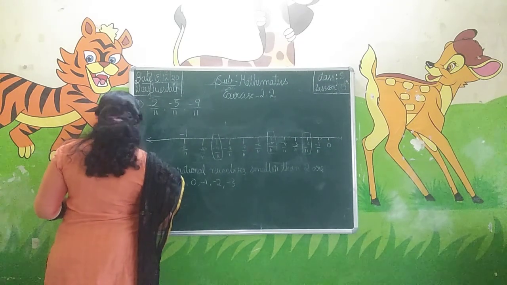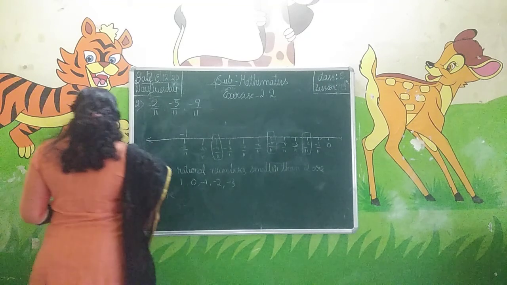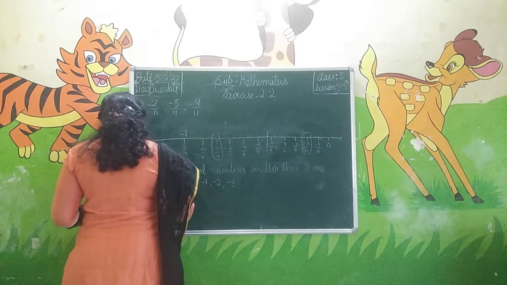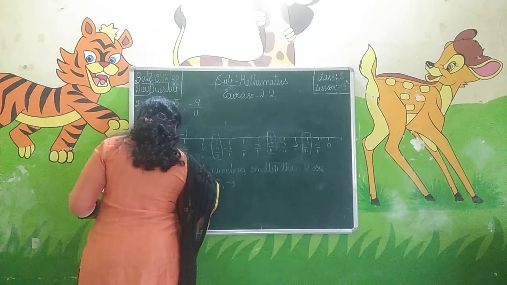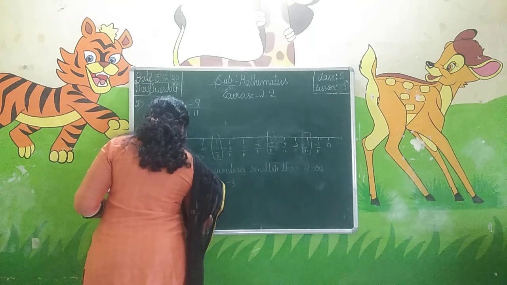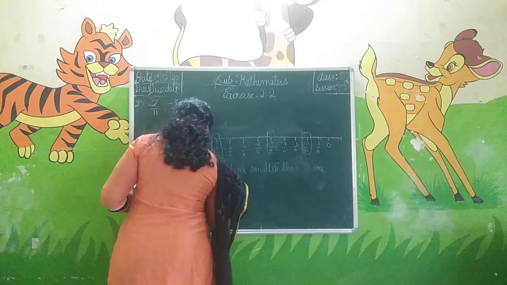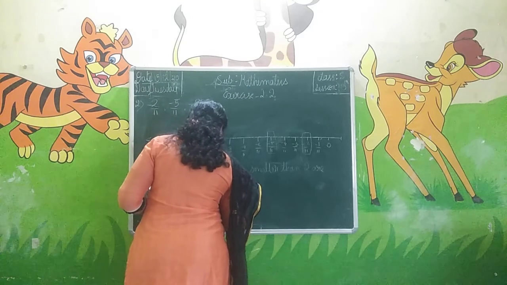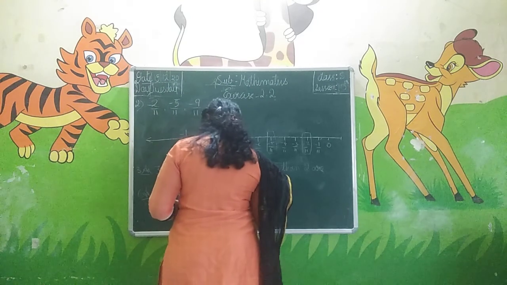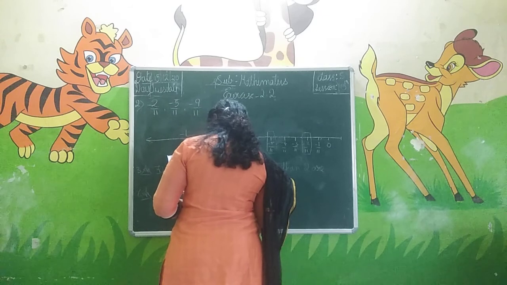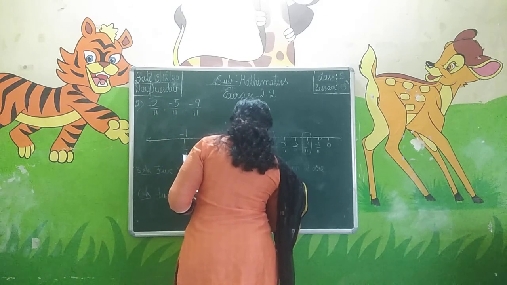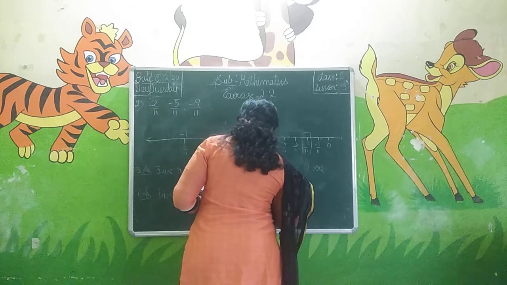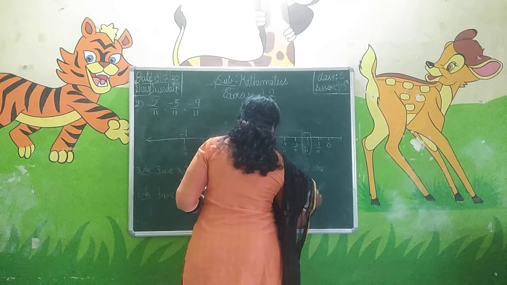Okay. After the sixth one, I will do the fourth and fifth. 5 rational numbers greater than minus 2 are.